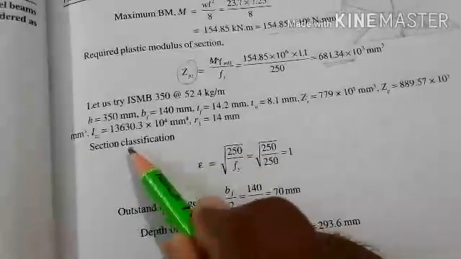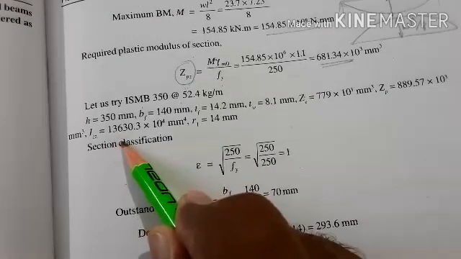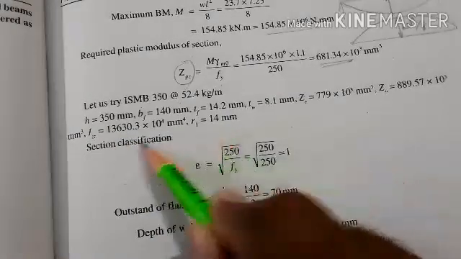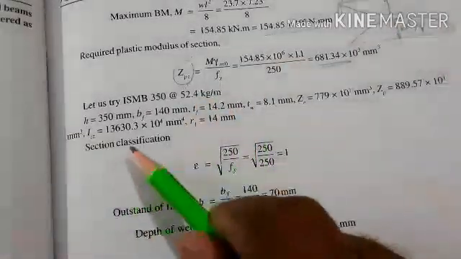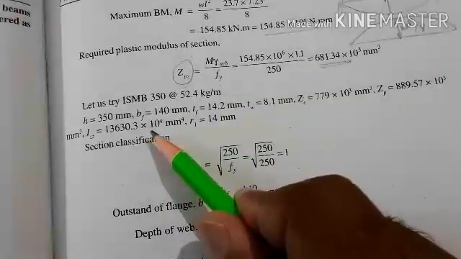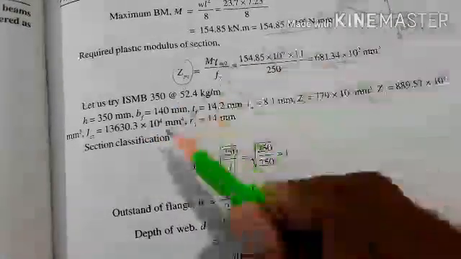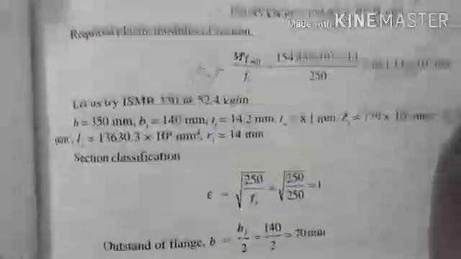Then also take the moment of inertia about the major axis, then the root radius of the section. You know how to take all these properties because we have solved many problems, from the steel table or else from the IS code, that is IS 800 2007.